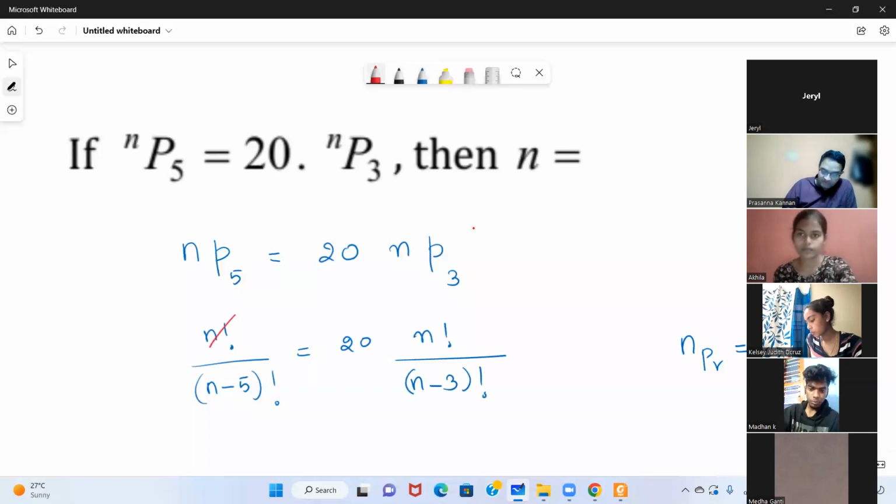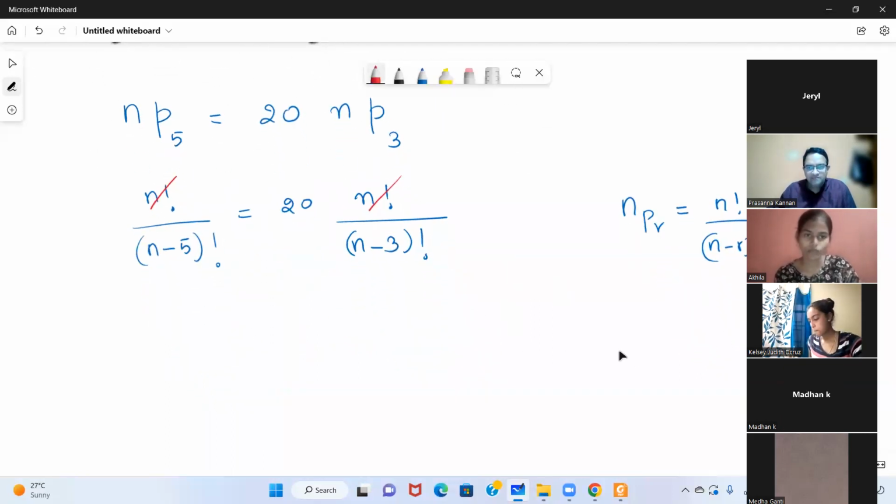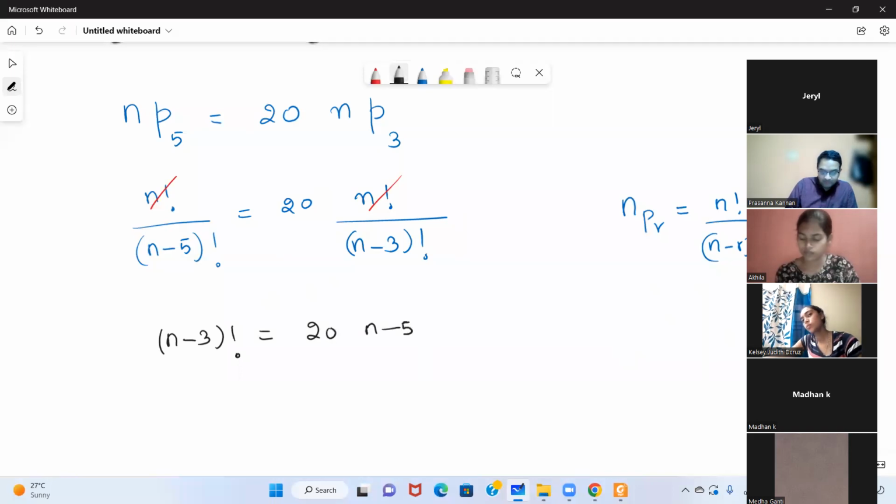Now what gets cancelled? n factorial gets cancelled on both sides. Now if you cross multiply, n minus 3 factorial is equal to 20 times n minus 5 factorial, correct?